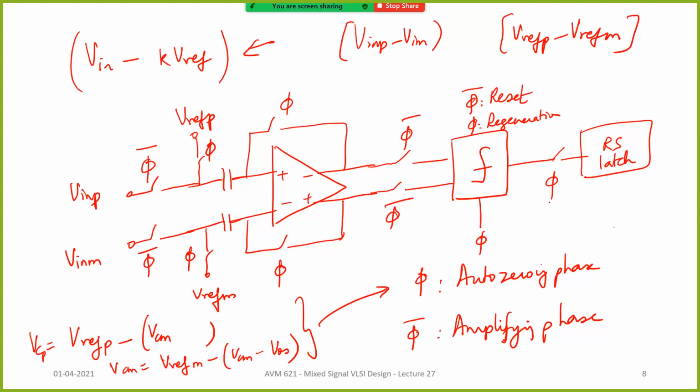So when auto zeroing is happening, the comparator is independently regenerating and writing into the latch. And when the amplification is happening, the comparator is in its reset mode. Okay, any doubts, any questions?